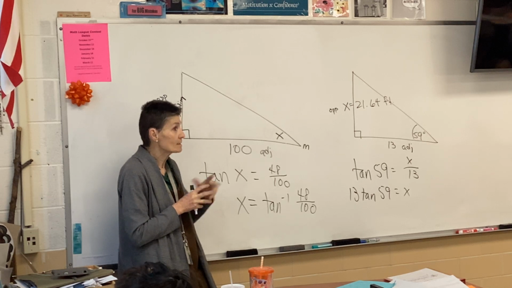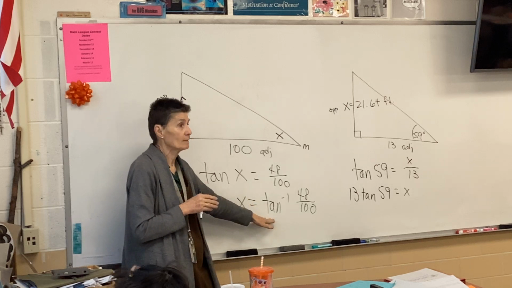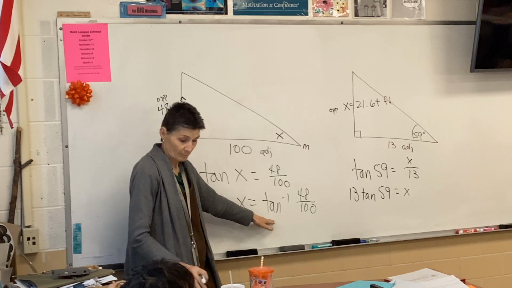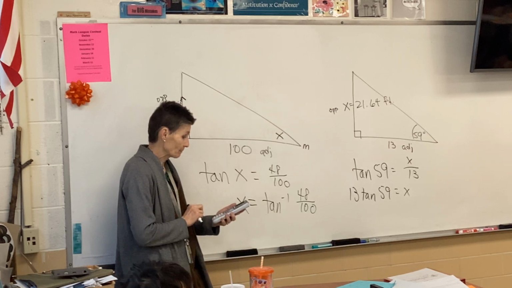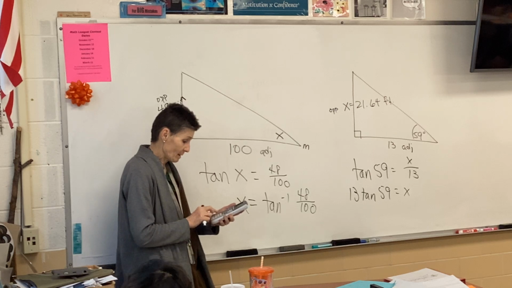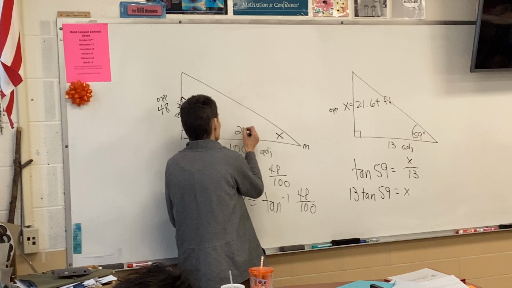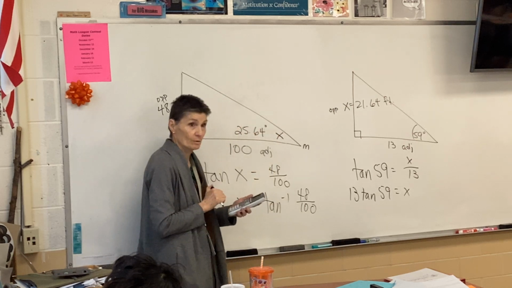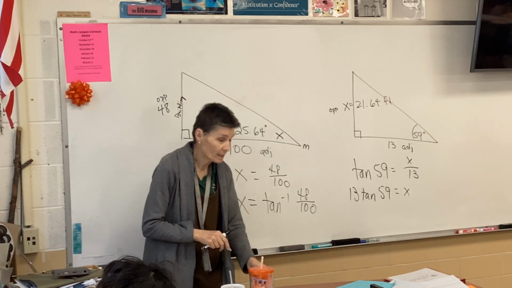When the question is find the angle, then you're always going to be using second something, inverse something. So if I inverse tangent 48 divided by 100, 25.64, my angle is 25.64 degrees. That's an angle, so it's going to have the unit.